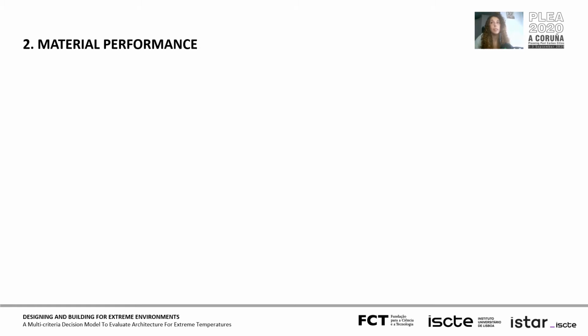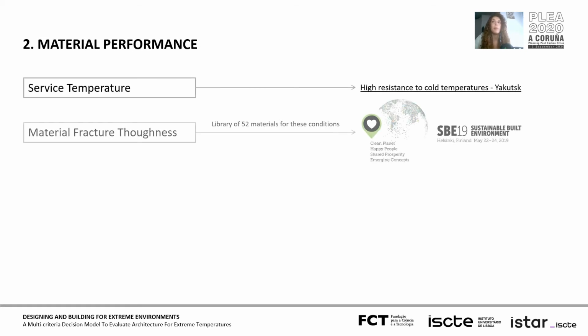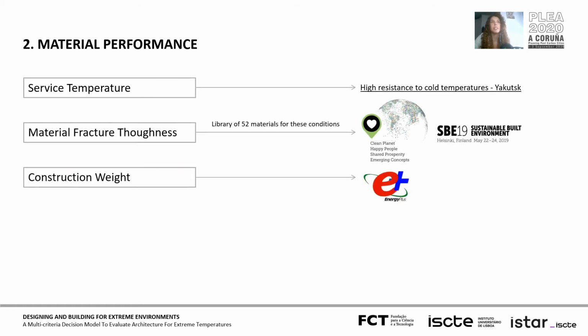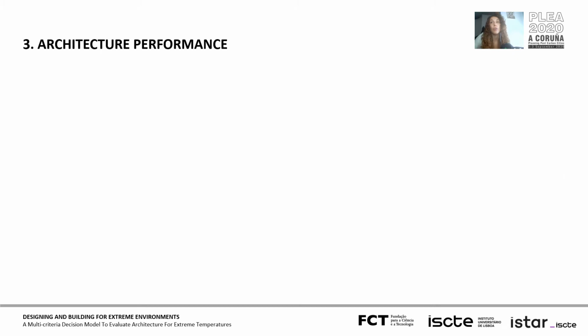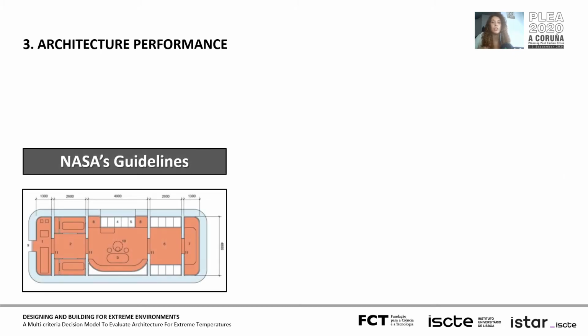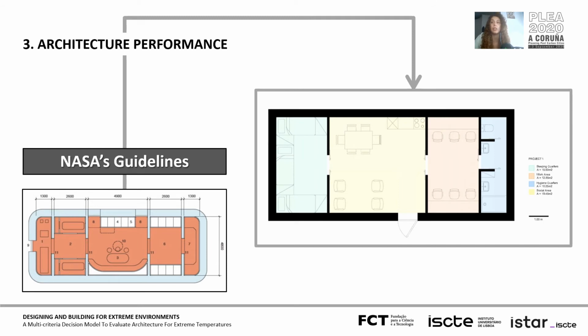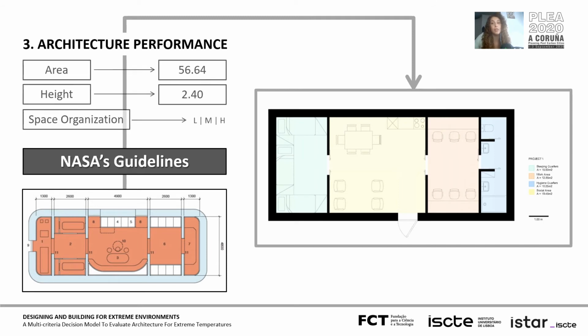Our second criteria, material performance, was created with 5 criteria: surface temperature, material fracture toughness, weight, carbon footprint, and end of life. For our third criteria, architecture performance, we took the guidelines from NASA and their example of a human habitat for other planets and designed one that will be applicable here on Earth, with these characteristics, but still respecting the guidelines of spatial organization.